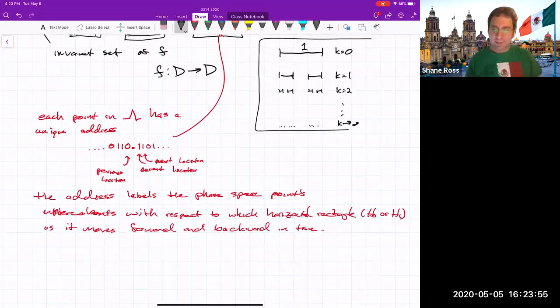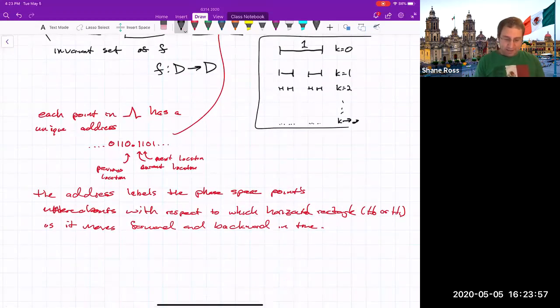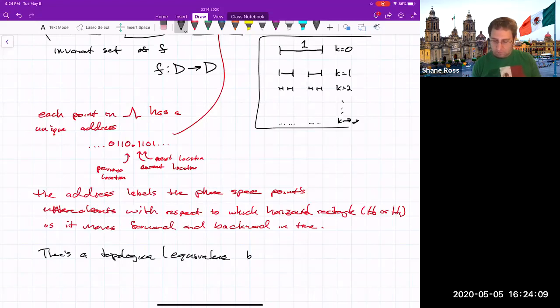But there's a topological equivalence between this horseshoe map F and something called the shift map on the space of sequences.